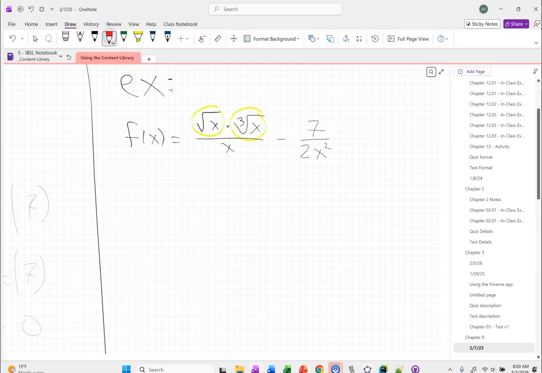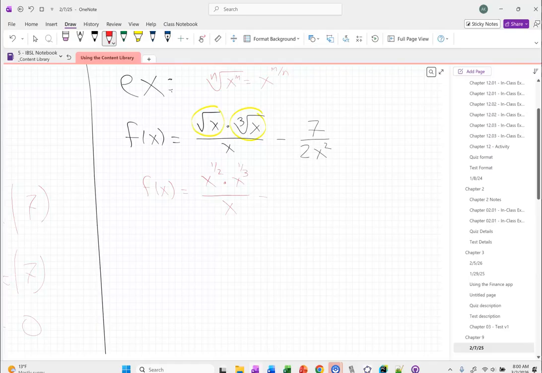So, I remember from my Algebra 2 class that every radical I can rewrite as a fractional exponent. So the square root of x can be x to 1/2. The cube root of x can be x to 1/3.